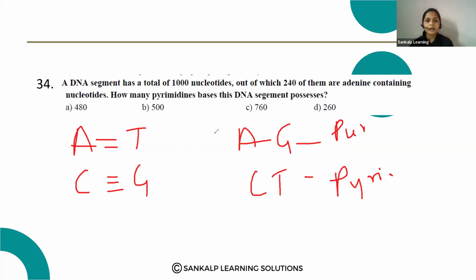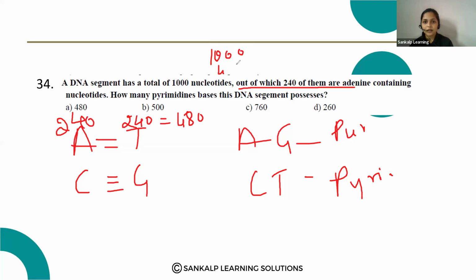Here, the total number of nucleotides is 1000. Out of that, 240 are adenine. Then what is the thymine number? That is also 240. So 240 plus 240 is 480. Out of 1000, 480 is taken, so 520 remaining.